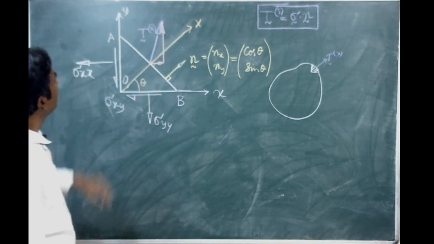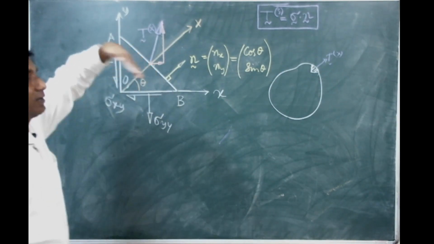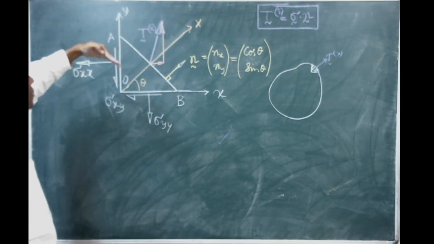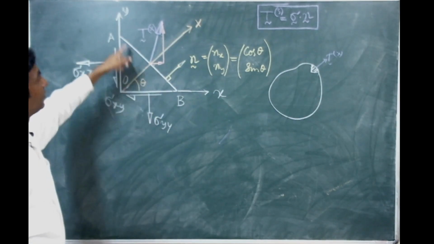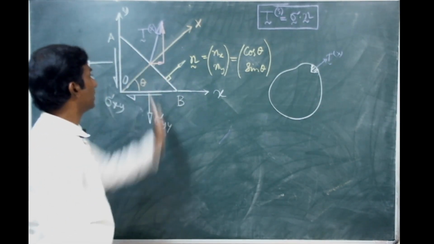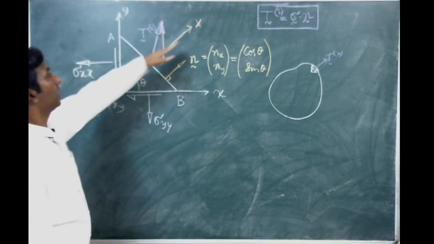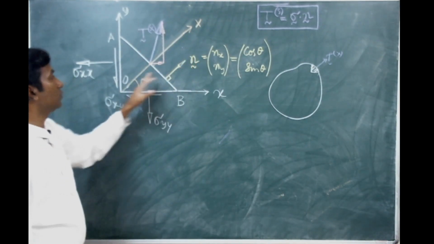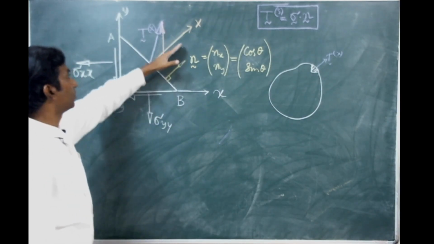We assume that AB is the trace of that plane, which is perpendicular to the board, intersecting the x-axis and y-axis at points A and B. This line AB is the trace of that plane on the xy plane. We further assume that capital X is normal to that plane, and this normal vector makes an angle theta with the small x axis.